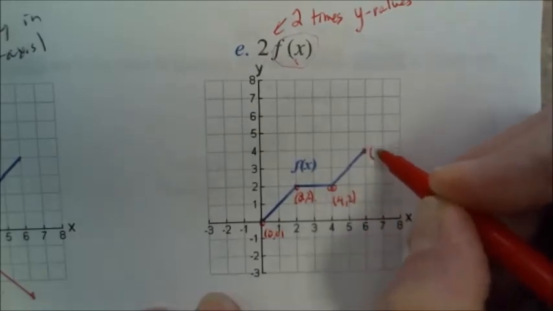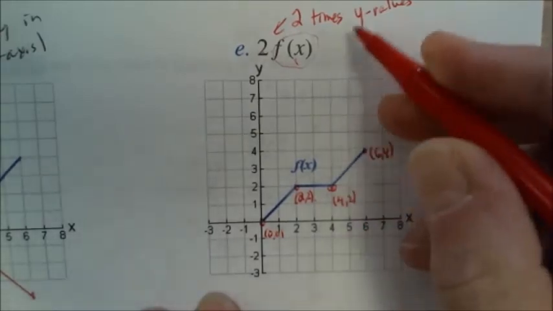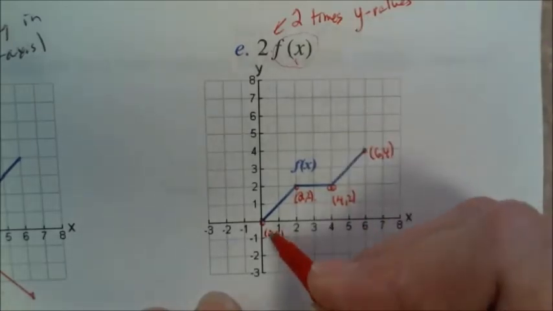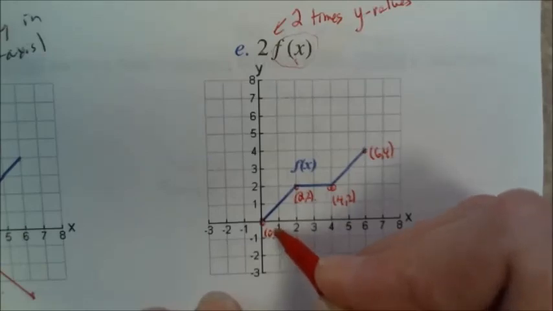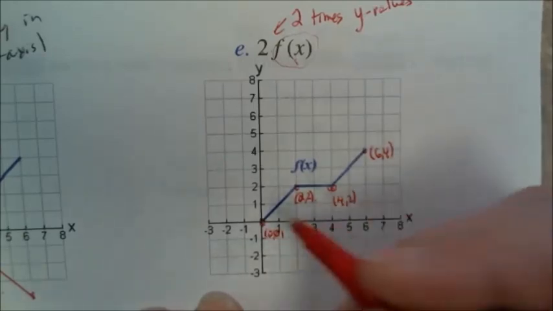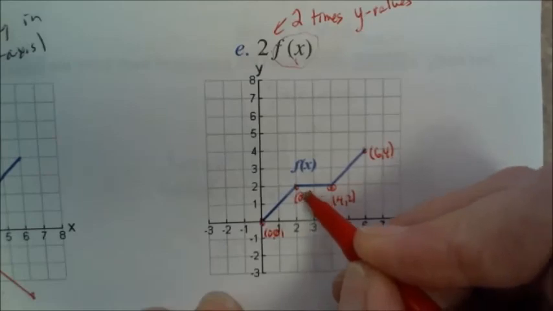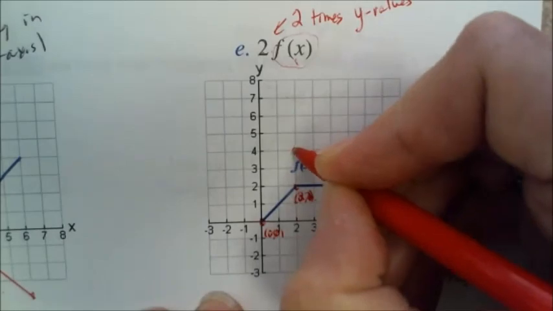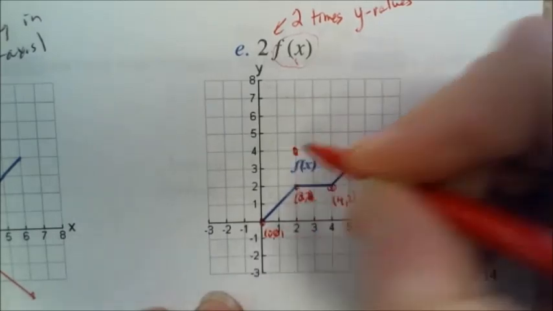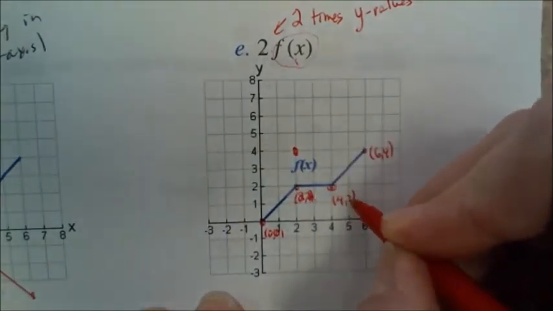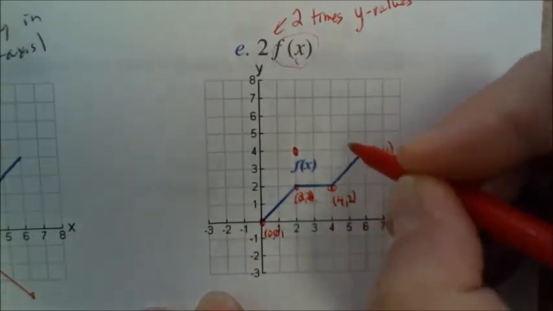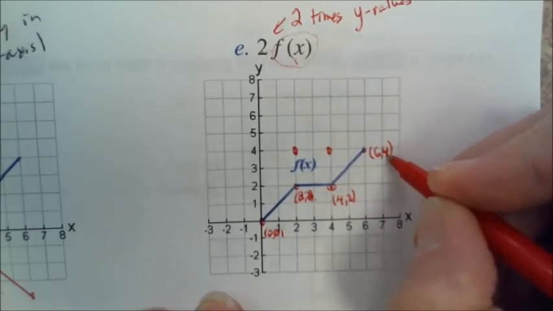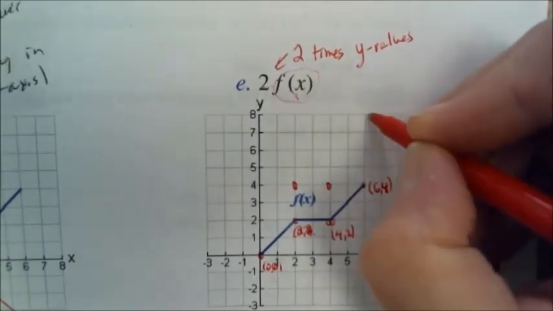And this point up here is 6, 4. So if we 2 times the y values or double all the y values, 0, 0, if you double this y value, it still stays as 0, 0. But 2, 2, if you double this y value, 2, 2 becomes 2, 4. So 2, 4 would be this point stretched up. 4, 2, double that y value becomes 4, 4. And 6, 4, if you double that y value of 4, it becomes 6, 8.